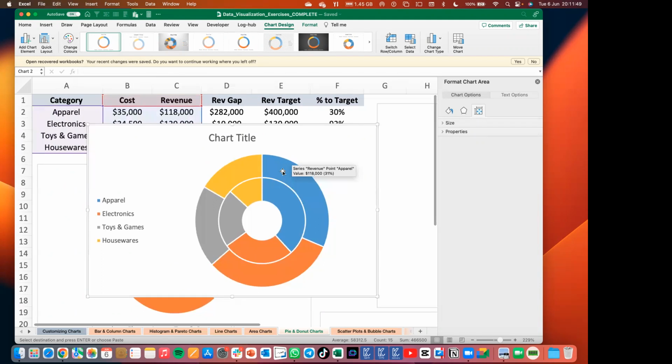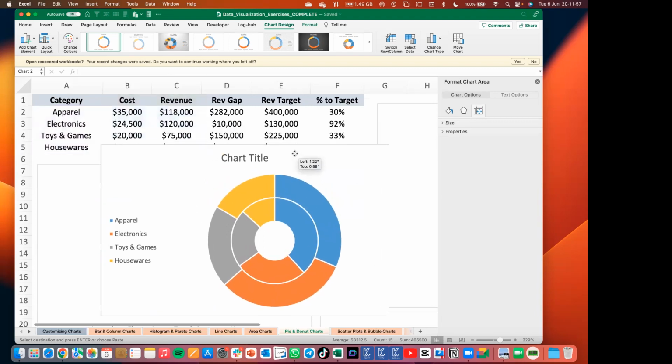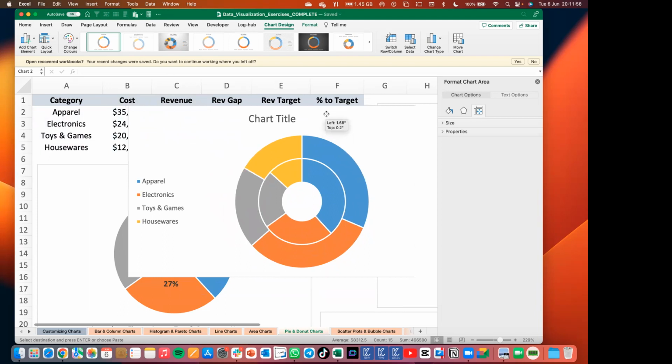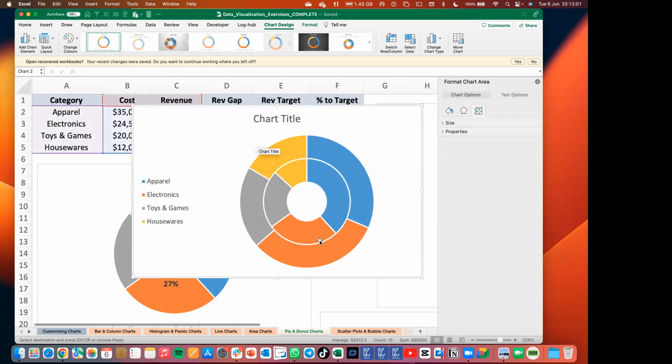So here you'll find that the inner one is cost, the outer one is revenue. So you can clearly tell which one is doing best. We are garnering a lot of revenue on electronics and the cost is low.